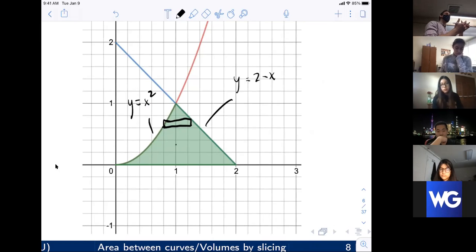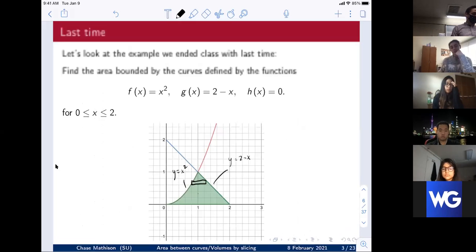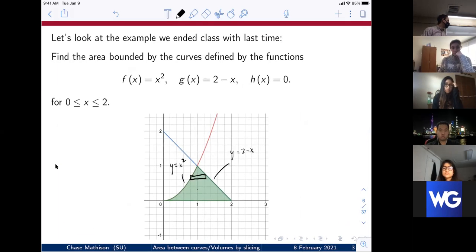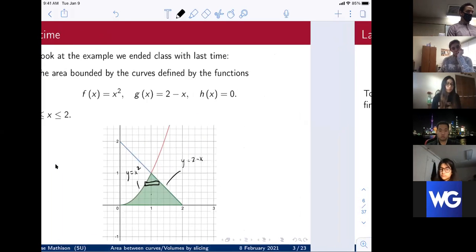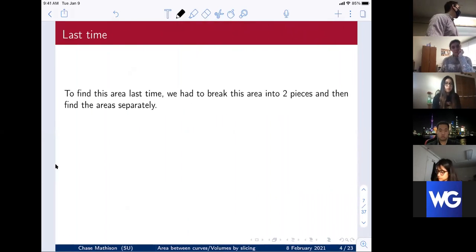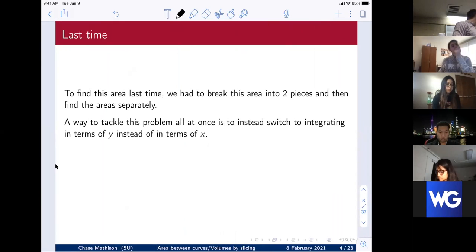But if you switch, which is going to essentially be finding the inverse, if you find the inverse function, that function might be nice to integrate. Okay, so this also gives you, what we're about to talk about is going to give you a tool to integrate something that you might not have been able to integrate before, or to find the area of something that you might not have been able to find the area of before. Okay, so I just said that.